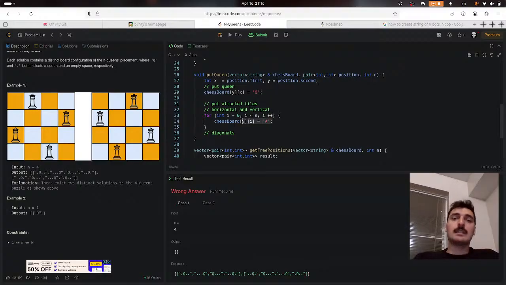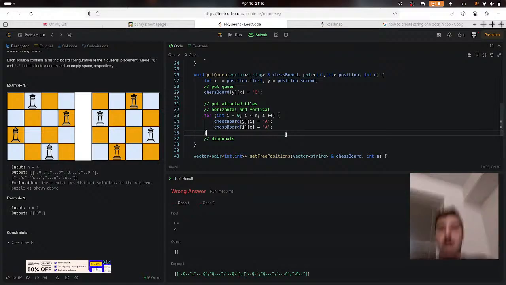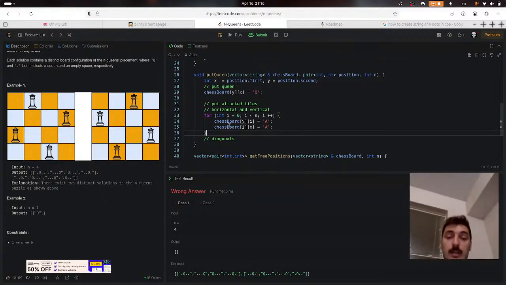This is not equals. I think this will do for the horizontal and vertical.